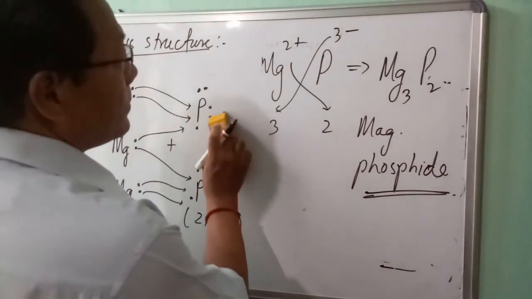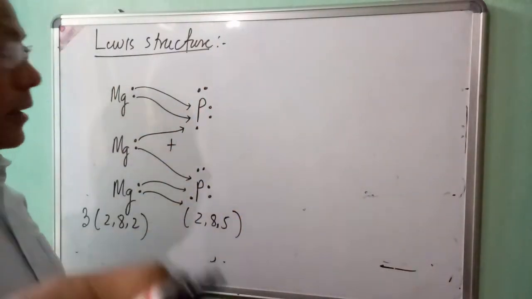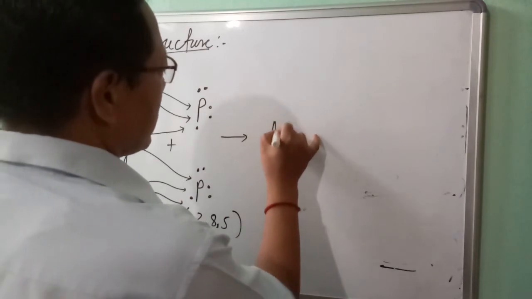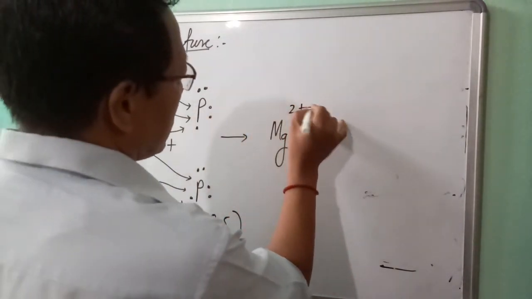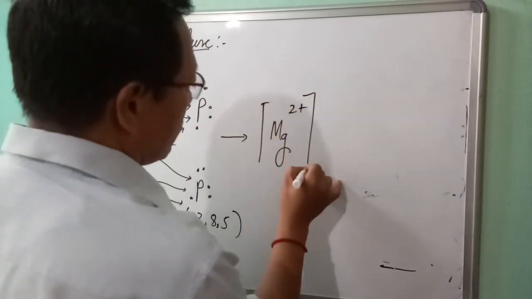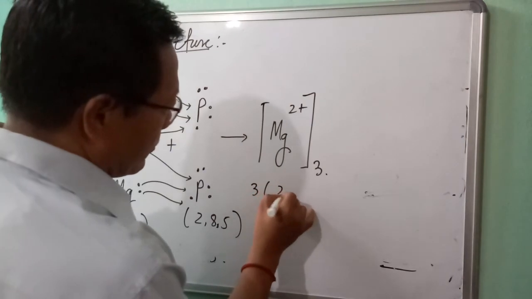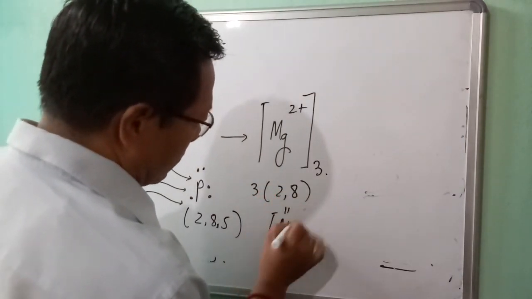So here we will form 3 magnesium ions. They lost 2 electrons, so each will carry 2 positive charges, and all the magnesium ions get the stable configuration of noble gas neon.